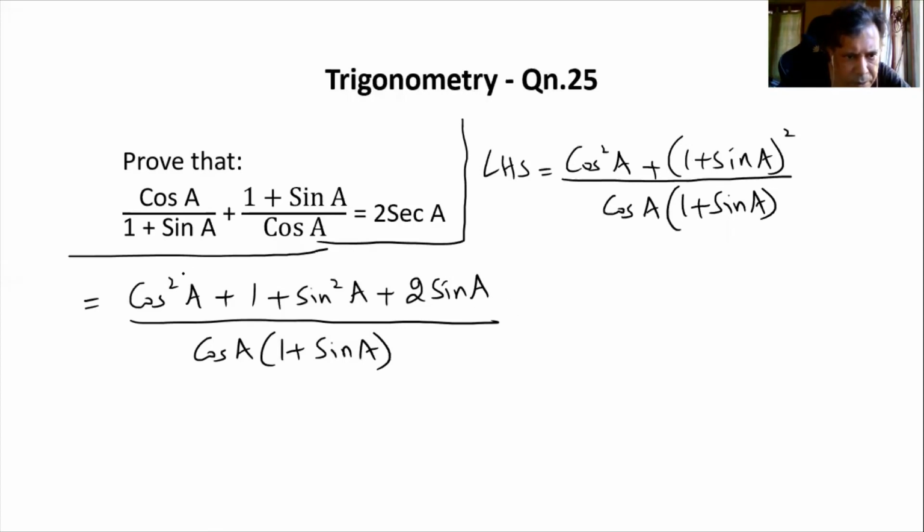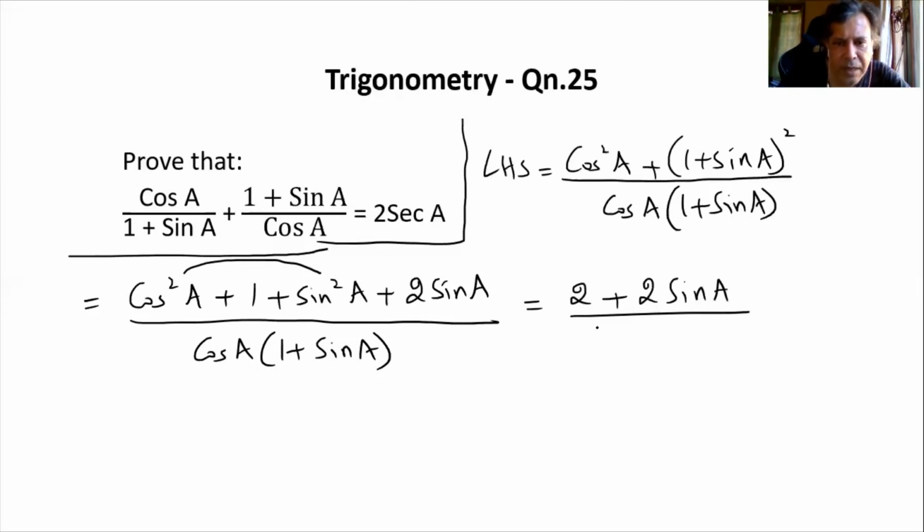So if we look into this, this and this will lead to 1. So this cos square A plus sin square A is 1. Already there is a 1. That means we'll be adding that 1 plus 1. So it becomes 2 plus 2 times sin A divided by cos A times 1 plus sin A.